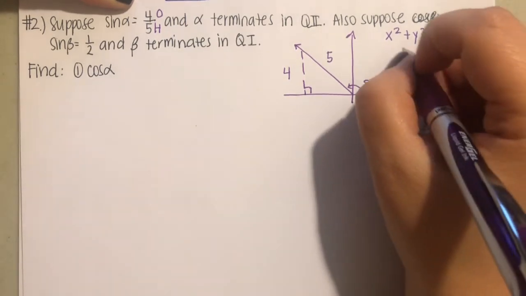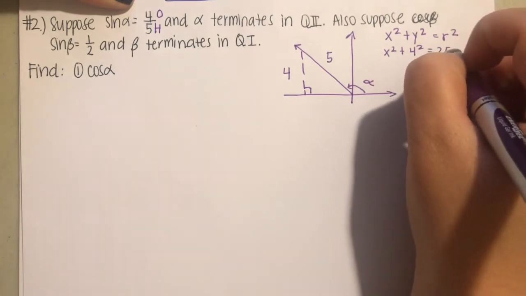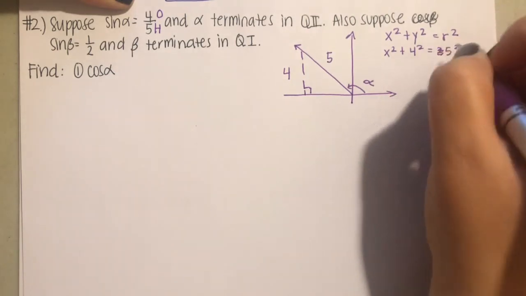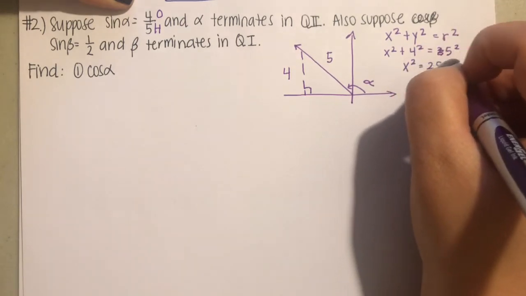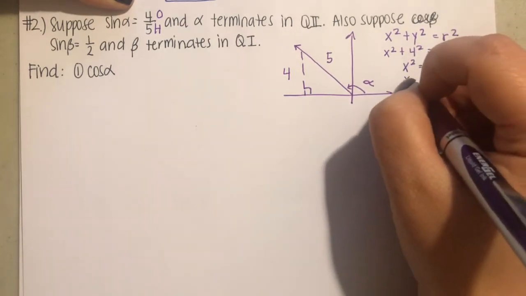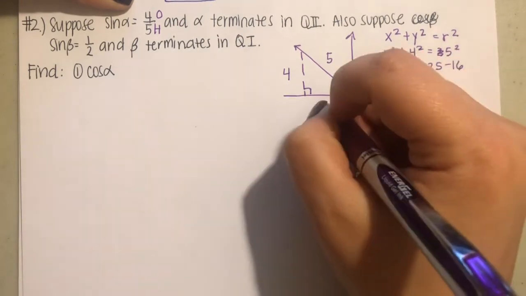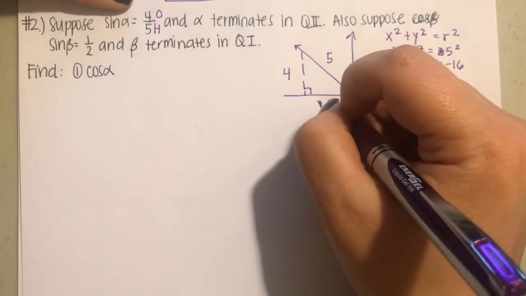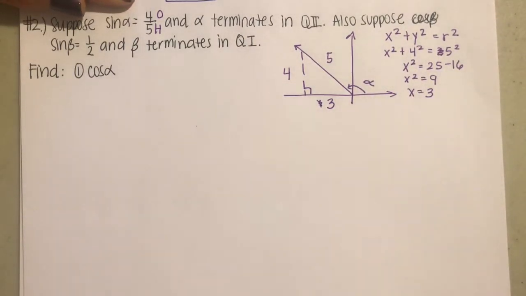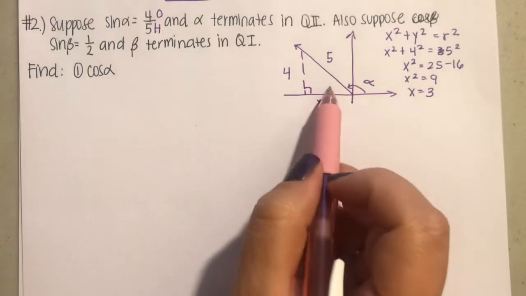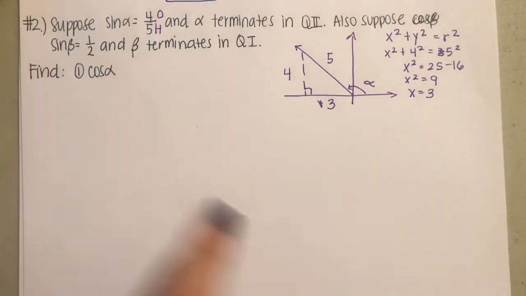So we're looking at x squared plus 4 squared is 5 squared, for consistency. x squared is 25 minus 16, which is 9, and x is equal to 3. Okay, so we've got one of those triangles down. Now that we have this angle, we can actually find whatever other trig function we want to find.